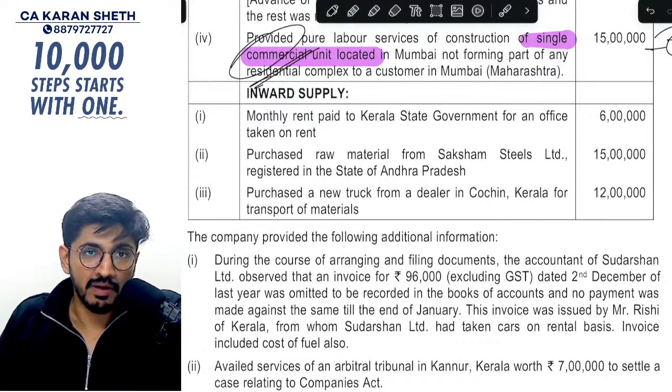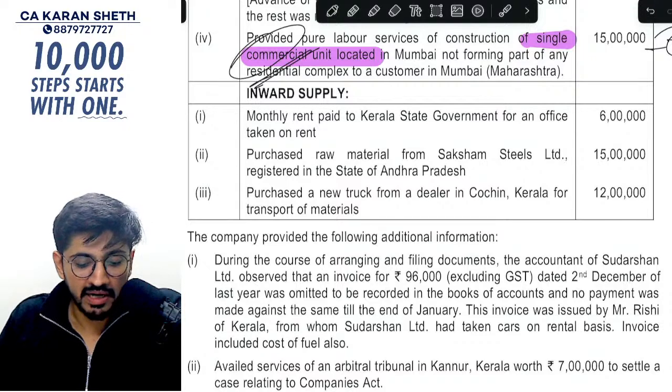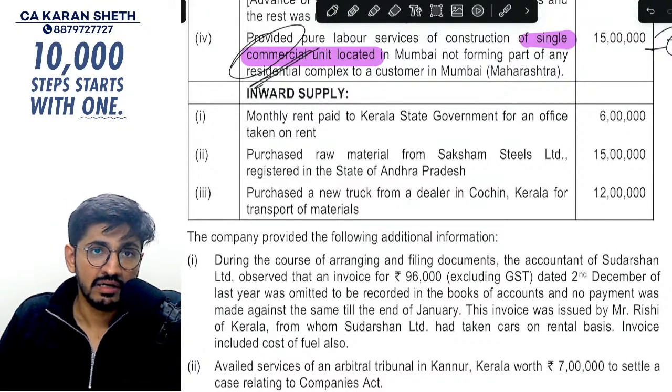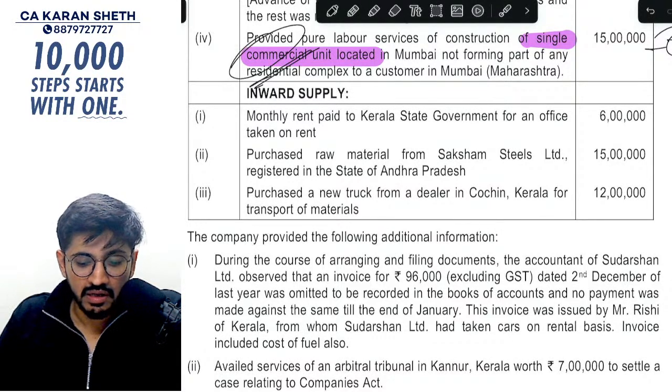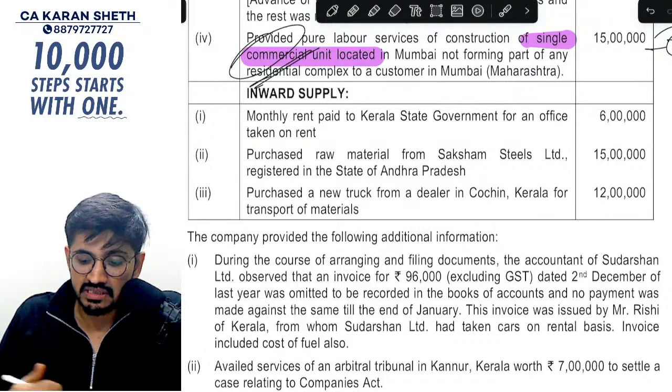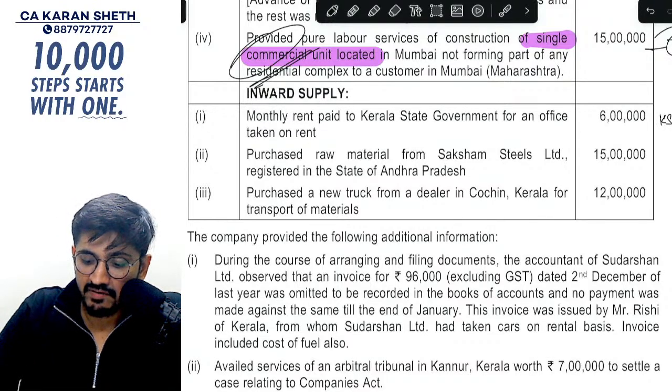Perfect. Inward supply. With respect to inward supply, my dear friends, monthly rent paid to the Kerala state government for an office taken on rent. Understand that in this case the Kerala state government is actually giving service. To whom?